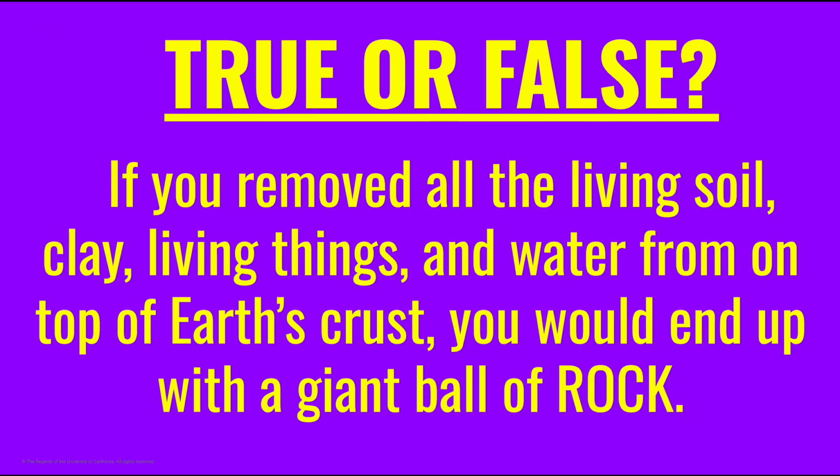Next review question, true or false? If you removed all the living soil, clay, living things, and the water from on top of Earth's crust, you'd basically end up with a giant ball of rock. Answer that question now. Yeah, I'm sure you got this.